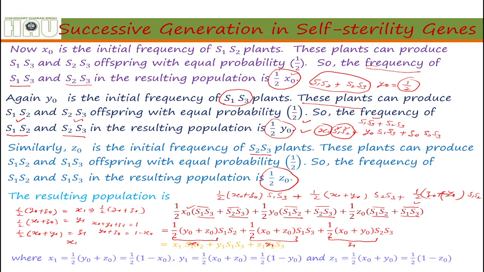So X1 can also be written as half of 1 minus X0. And Y1 can be written as half of 1 minus Y0. And Z1 can be written as half of 1 minus Z0. And half is of course there, so it is half of this, half of this, and half of this.